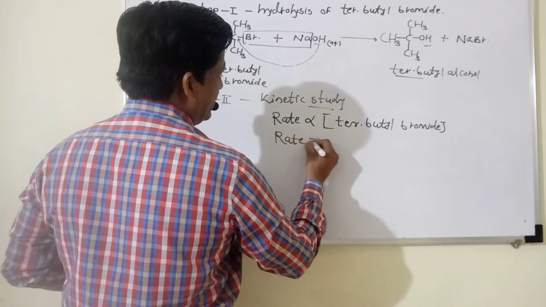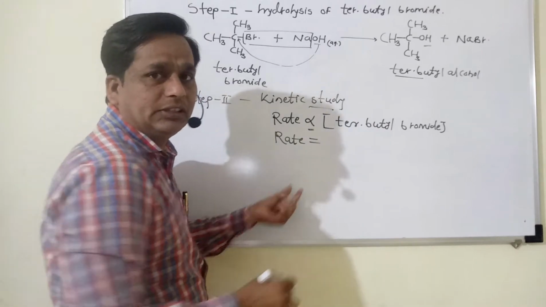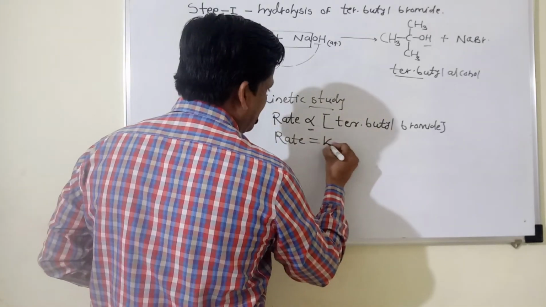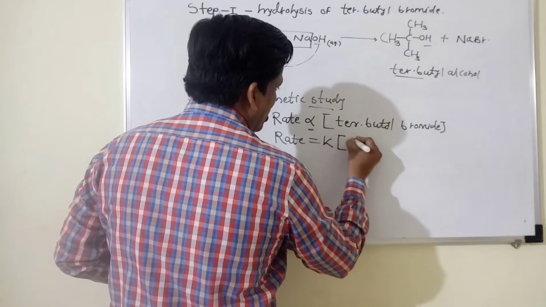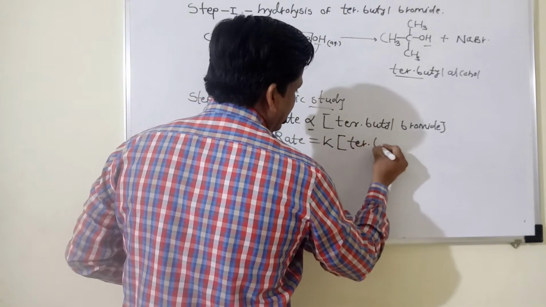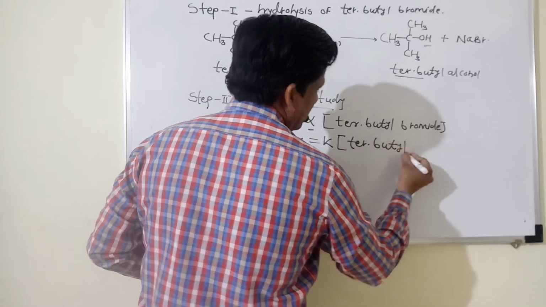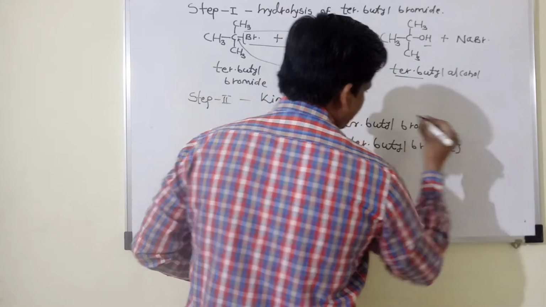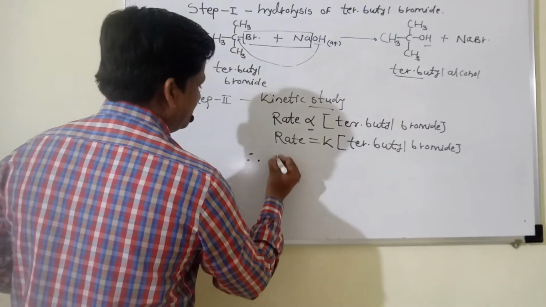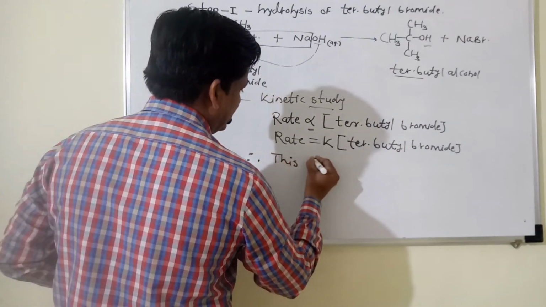Therefore rate is equal to K, where K is the proportionality constant. Rate is equal to K times the concentration of tertiary butyl bromide. Therefore this is a first order reaction.